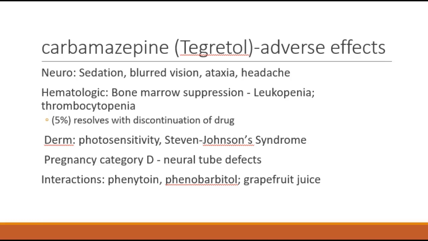In 5% of patients, stopping the drug will help resolve those hematologic problems. You get photosensitivity, so you have to teach them to stay out of the sun or use sunscreen very religiously. They can also get Stevens-Johnson syndrome, which is a blistery rash of the mucous membranes. If they see that happening, they need to contact their provider.